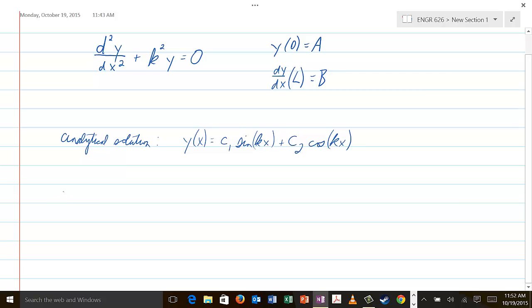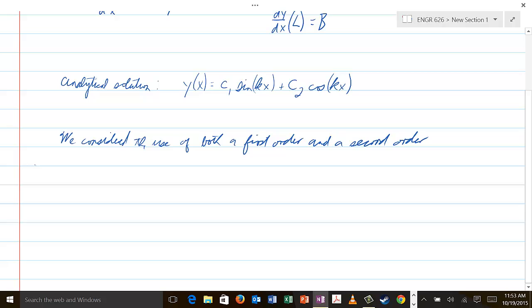Okay, so we considered the use of both a first order and a second order approximation for the first derivative in implementing the Neumann boundary condition.